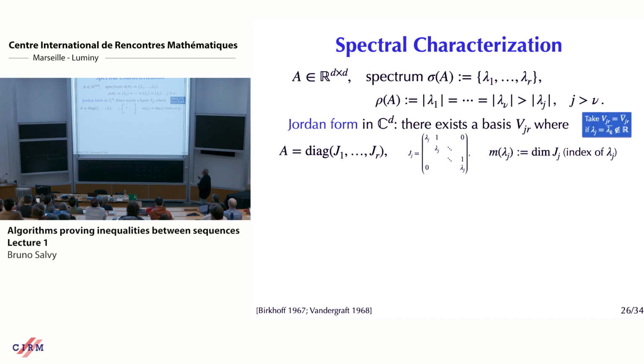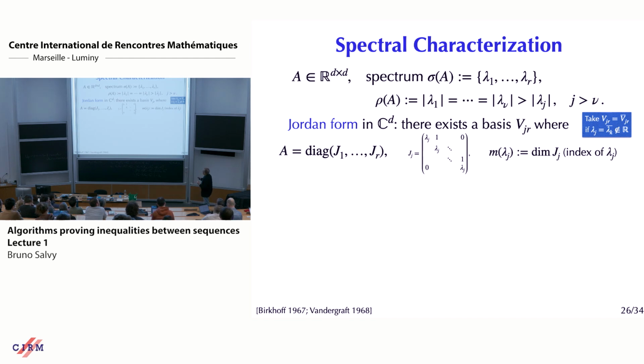So the technicality is here: you take a basis where your matrix has this form of diagonal of Jordan blocks. Recall that a Jordan block has this shape. I will take the vectors in such a way that if I have two eigenvalues that are conjugate one to the other, not real, then I take the corresponding conjugate eigenvectors. So that when you add things, you get something real.